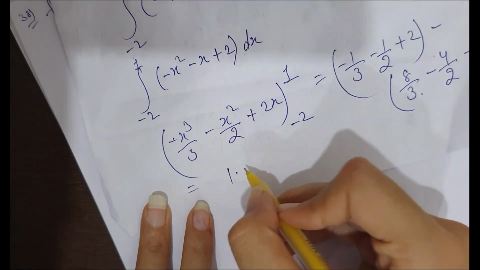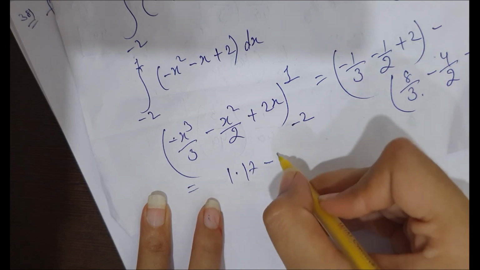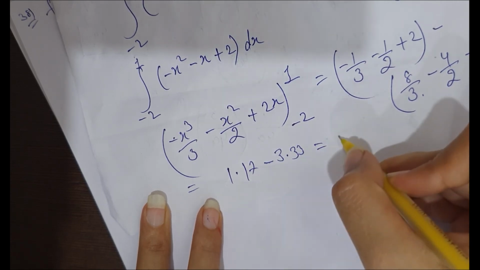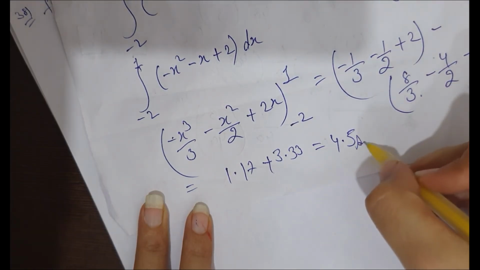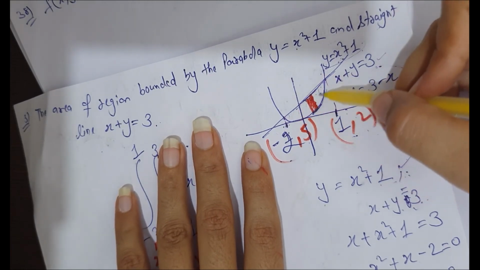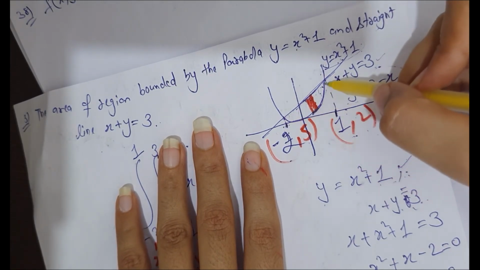This will be 1.17 minus 3.33, which is equal to 4.5. So 4.5 square units is the area of this enclosed part.